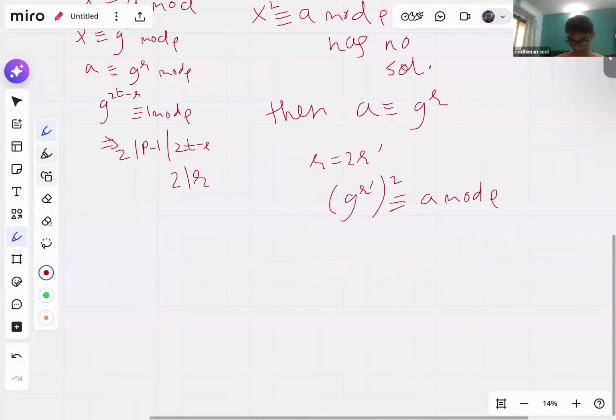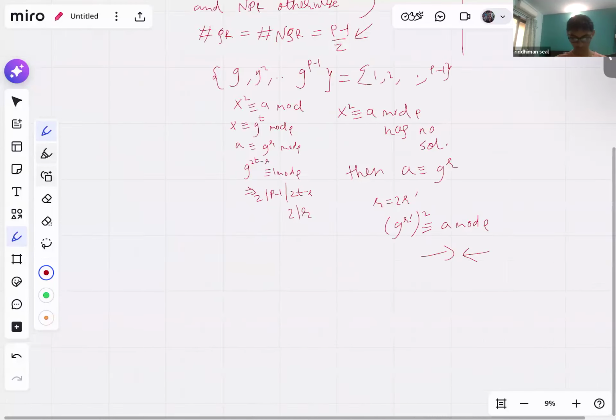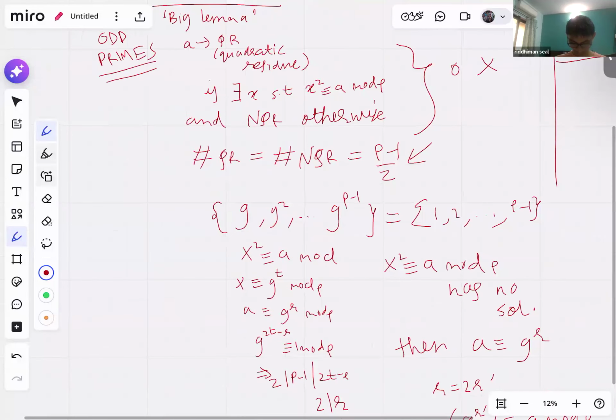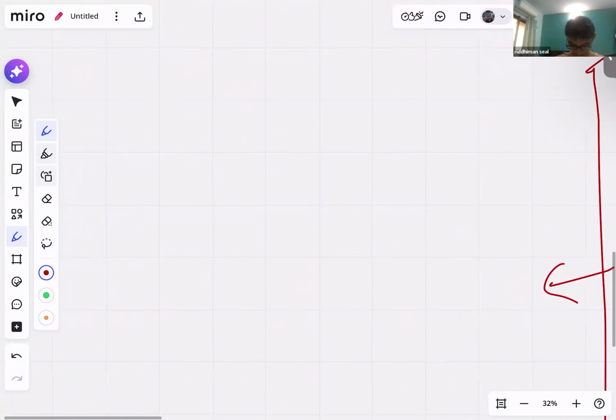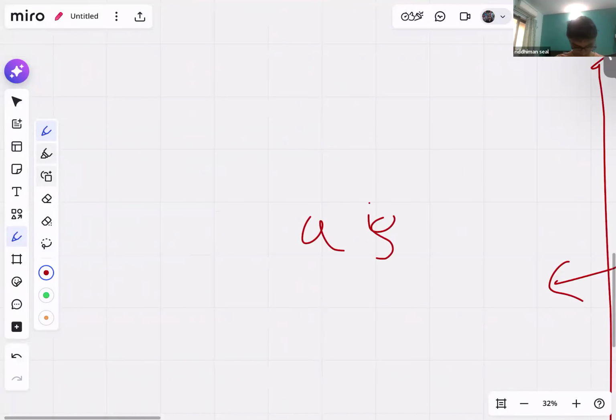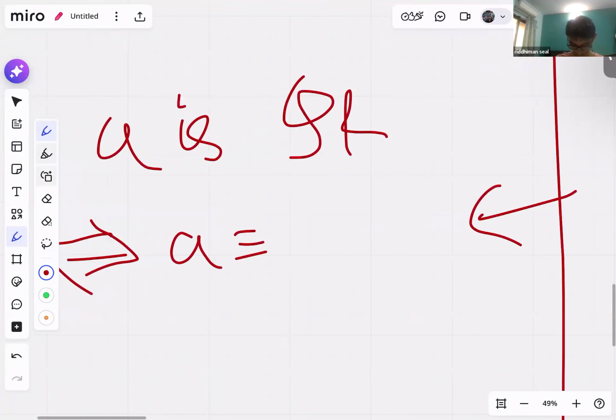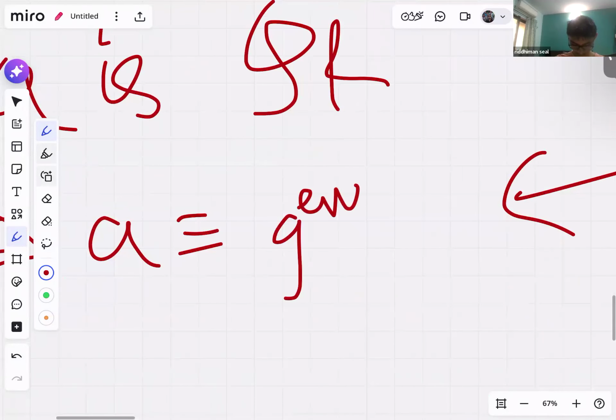We know it does not have any solutions. So this implies that a is a QR. QR is the same as saying that a is just g to the power some even number.